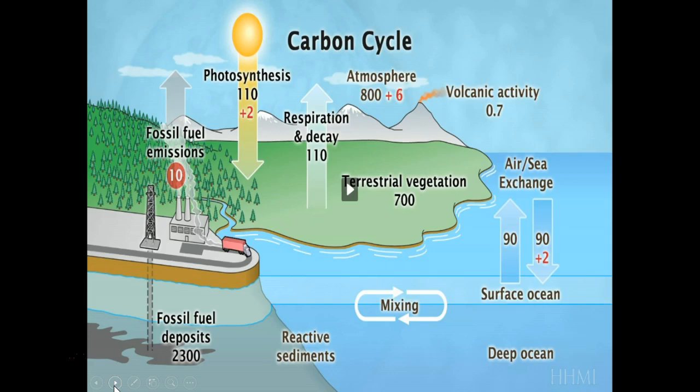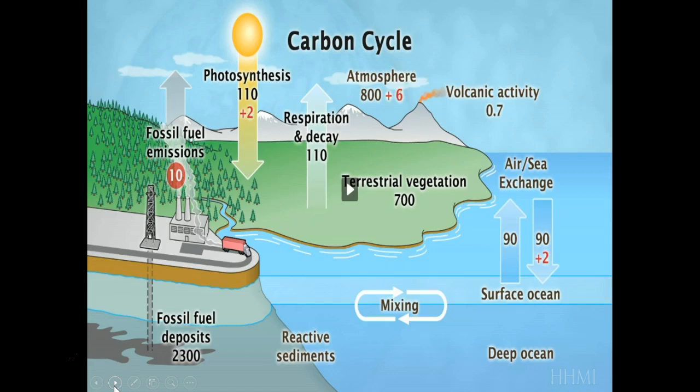One of the big ways that carbon is removed from the atmosphere is through photosynthesis. As you know, plants take carbon dioxide and use it to make sugar and make their cells and make their bodies, and all life sort of runs on photosynthesis.